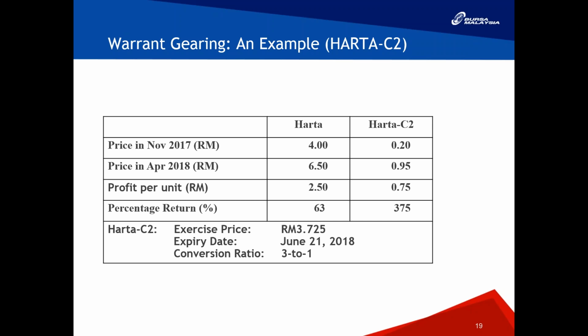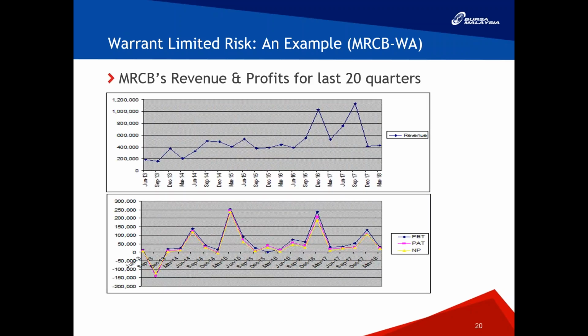Of course, it is a double-edged sword. If the share price did not go as you anticipated, the gearing effect would mean that your percentage loss would be higher than that of the share, right? So picking the right warrant is just as important, if not more important.